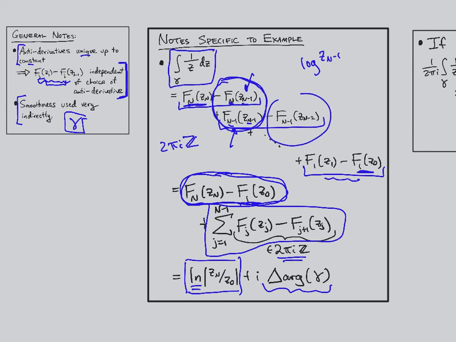And basically what happens is you'll have this part here, which will give you multiples of 2 pi, and this will give you some other change in the angle.